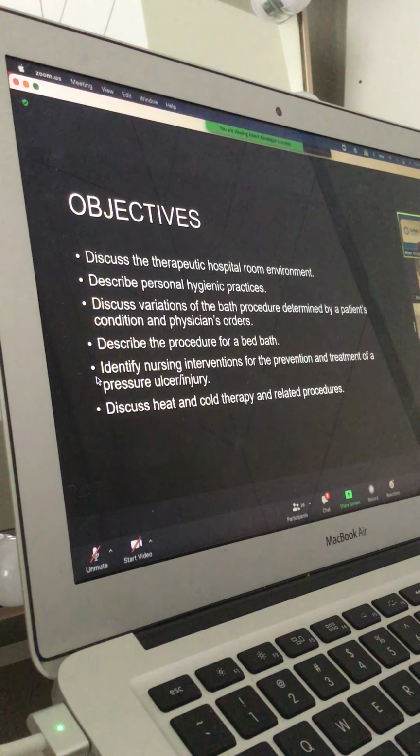That's where you nurses would come in. When you deal with the medical diagnosis, you're dealing with what the doctor thinks is the problem. When we think about the nursing diagnosis, we are focusing on the human response. That's the main distinction between a medical diagnosis and a nursing diagnosis.